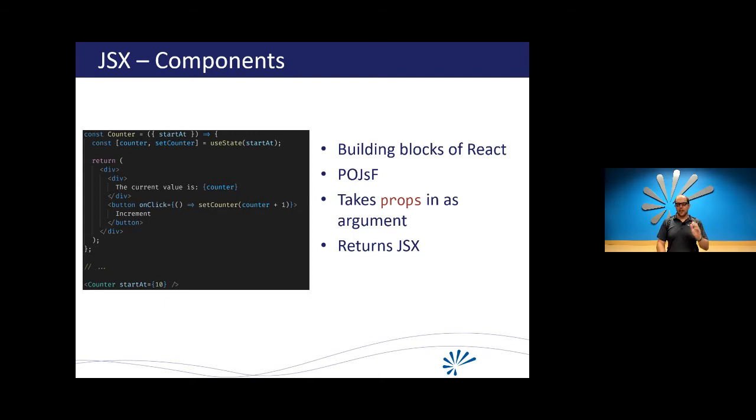And every component you write is going to be a JSX type return. Other than that, there's HTML. You can put any HTML tag you want in there. It is just HTML. Components have to be capitalized. They're Pascal case. If it's lowercase, it doesn't know it's a custom component, and Chrome will yell at you loudly that that tag doesn't exist. So if you name it capitalized, React, everyone knows that this is a custom component.